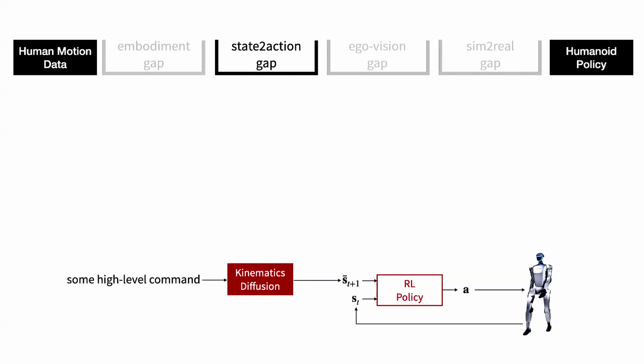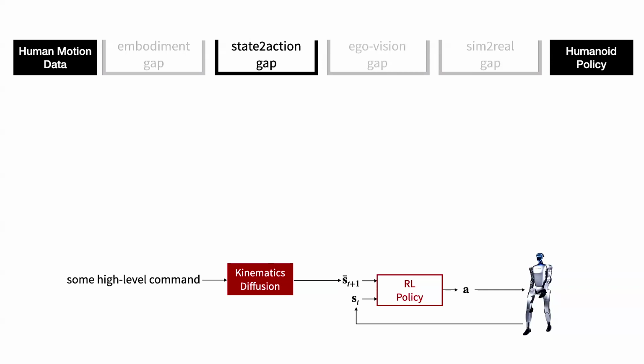10 minutes? Okay, good. So we did a lot of this kind of strategy, where we have a kinematic motion generator followed by an RL policy. But we also realized that the bottleneck right now is still this RL policy, because RL is still not that great at being a capable generalist, but it's really good at being a specialist.